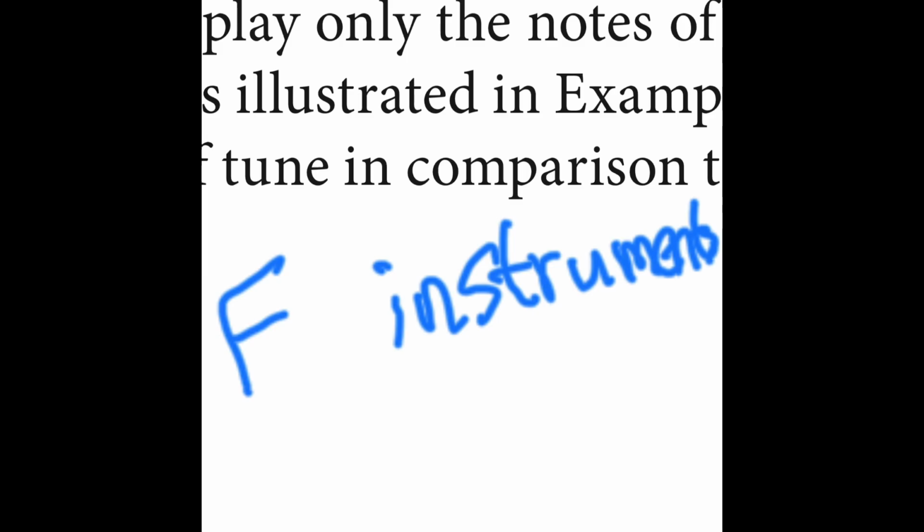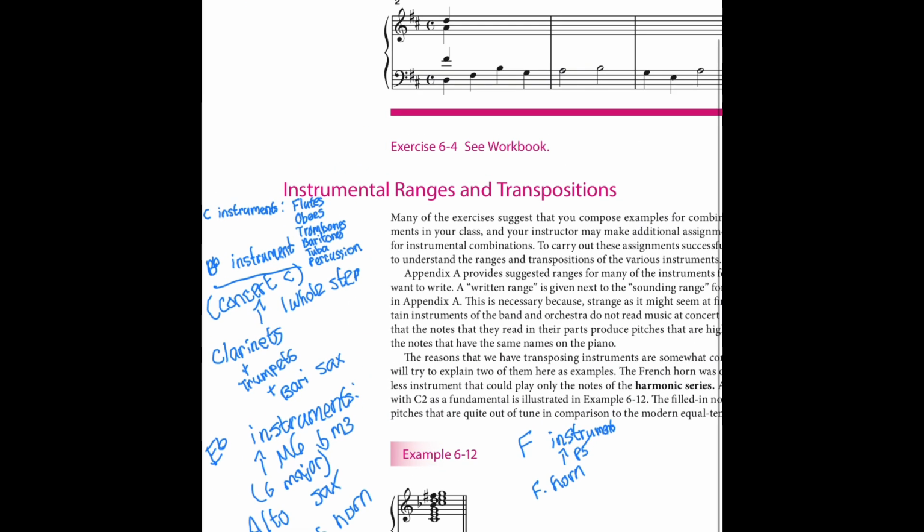Okay, so F instruments technically go by a perfect fifth. Horn in F, I think that's a fifth. So if that was the case of B flat, the starting note would have to read F, I think. But I'm going to double check that. So, French horn. I'm going to double check that one because that's number 1.